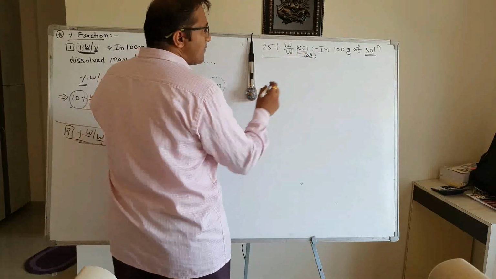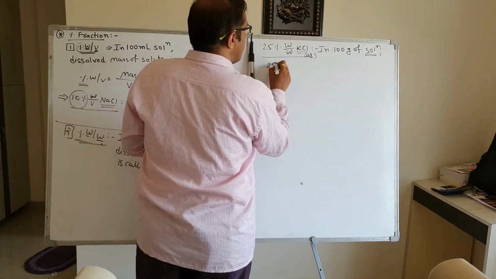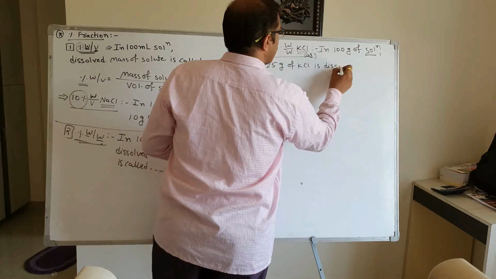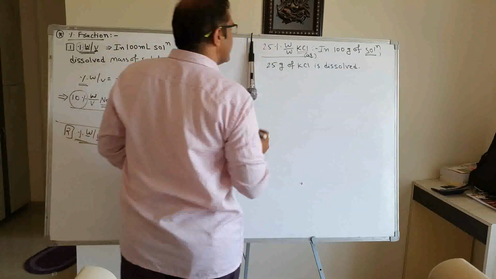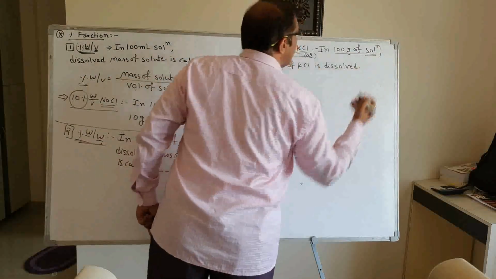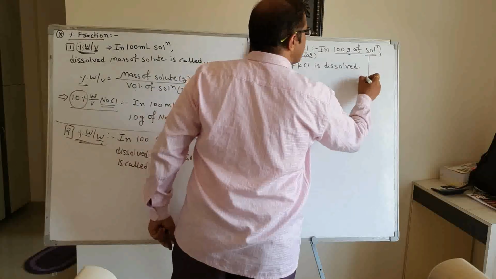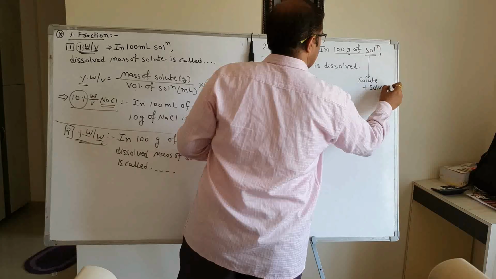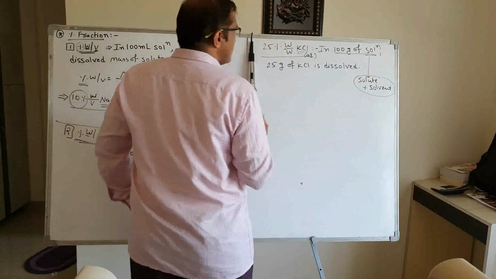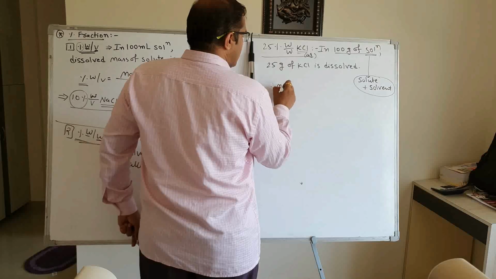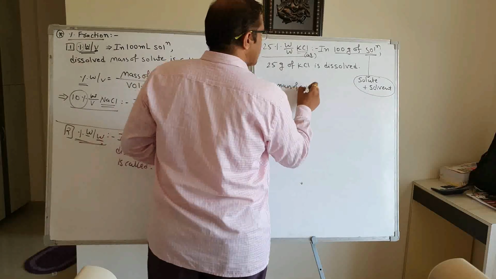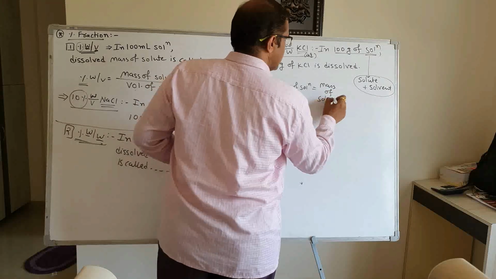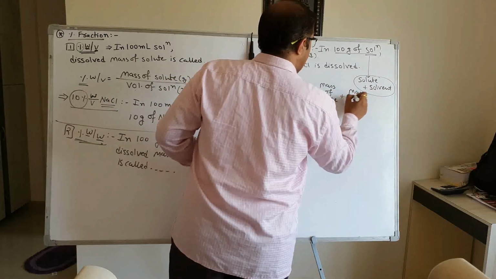So in 100 gram of solution, 25 gram of KCl is dissolved. See, this 100 gram of solution contains both of the terms, solute and solvent. Means mass of solution is a sum of masses of solute and solvent.